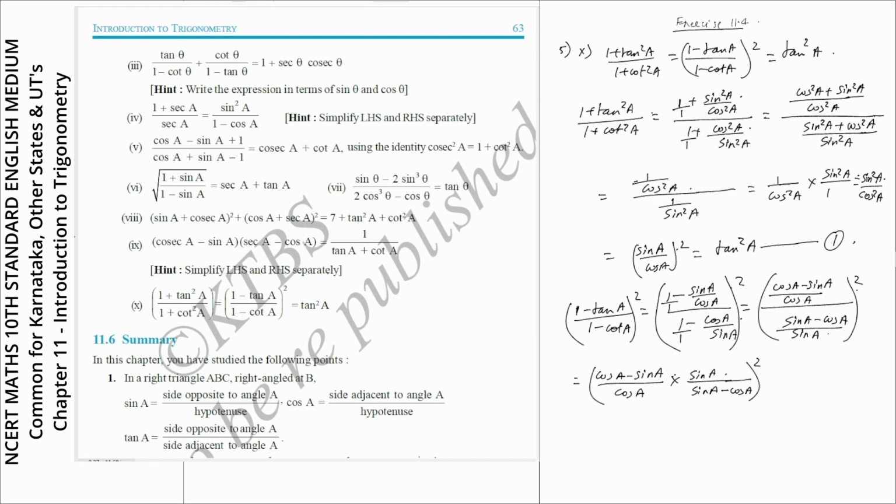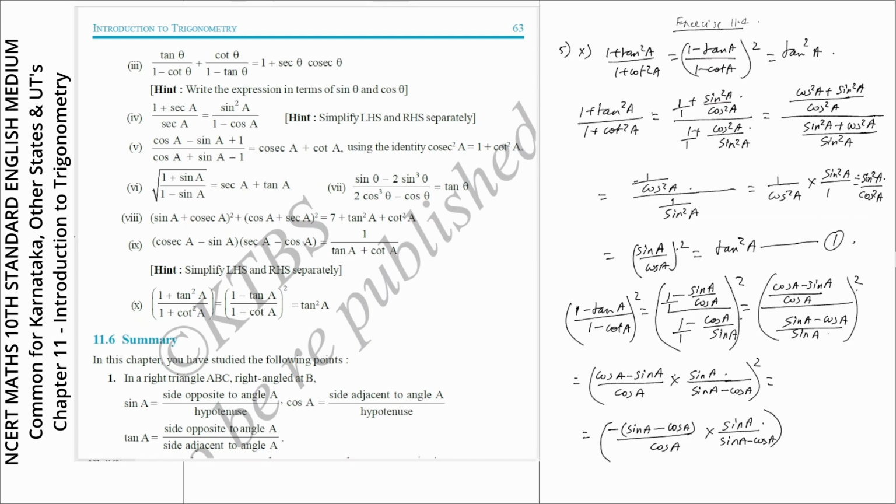Now the first term I'll write as, cos a minus sin a I can also write as minus of (sin a minus cos a) by cos a into sin a by sin a minus cos a.